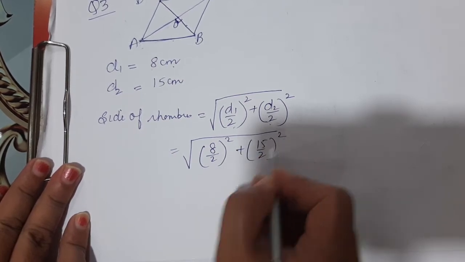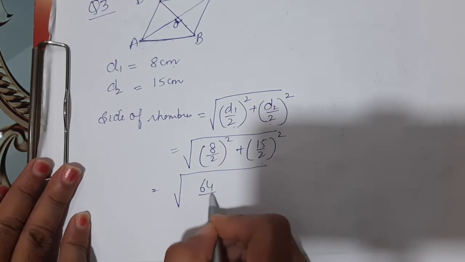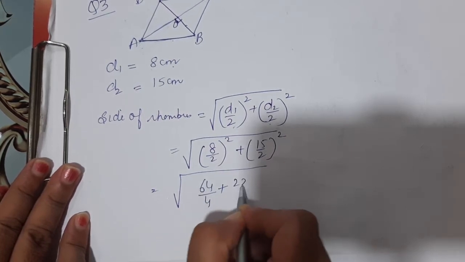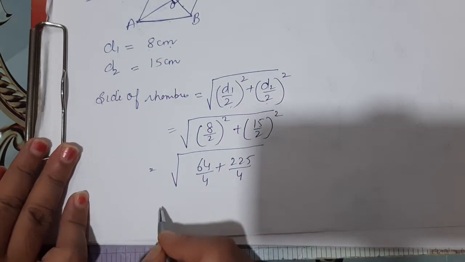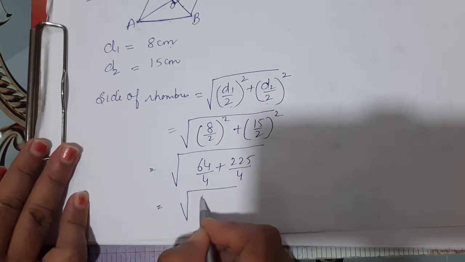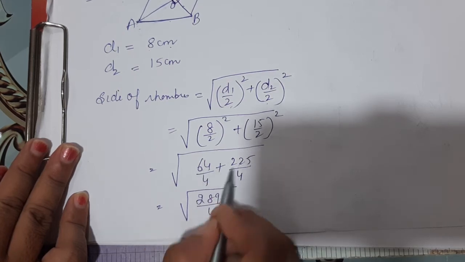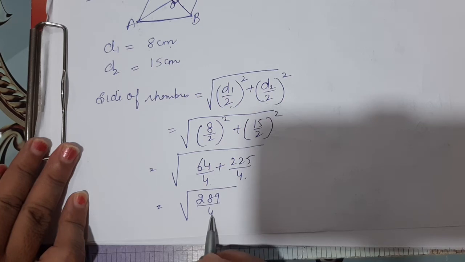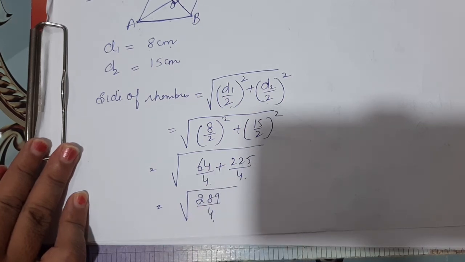Now we can do the calculation of this, beta. Square of 8, 8 eights are 64, by 4. Square of 15, 225 by 4. Now you will add them up. When you add them up, you get 289 by 4. Numerators get added because the denominator is same, so LCM becomes 4. 64 plus 225 is equal to 289.